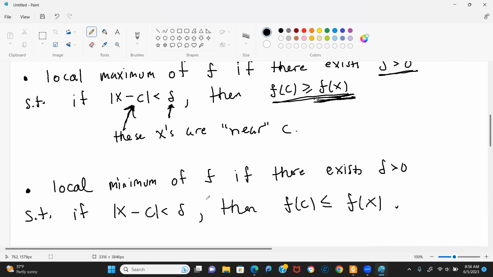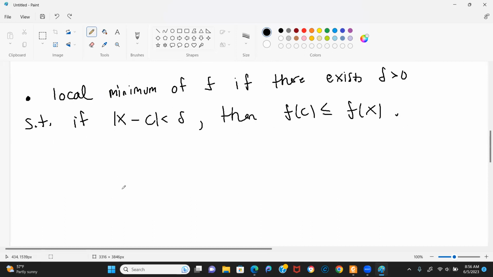And I'm also trying to describe what it means to be near. This is a really important concept in mathematics. Being near. You can alternatively say this: if x satisfies this inequality, then x is in the following open set, c minus delta, c plus delta.